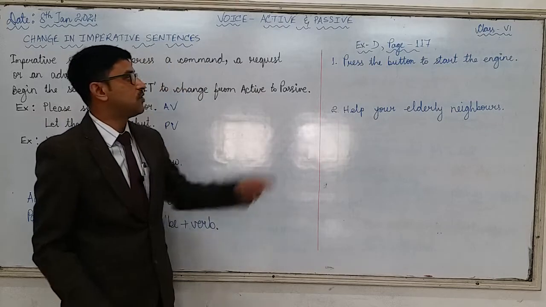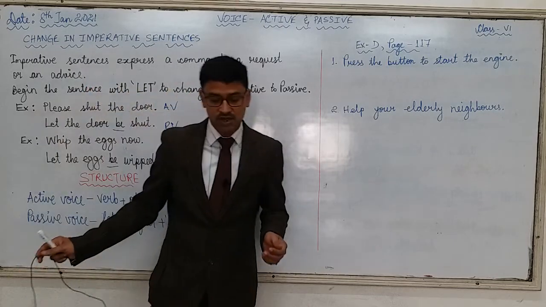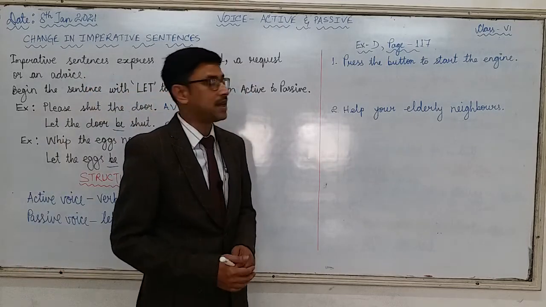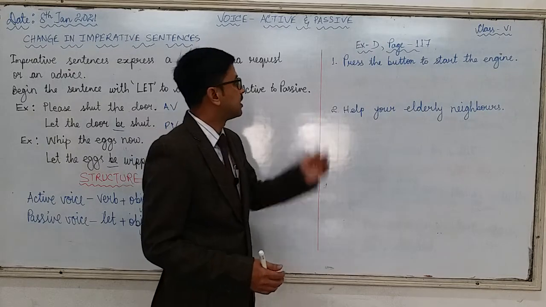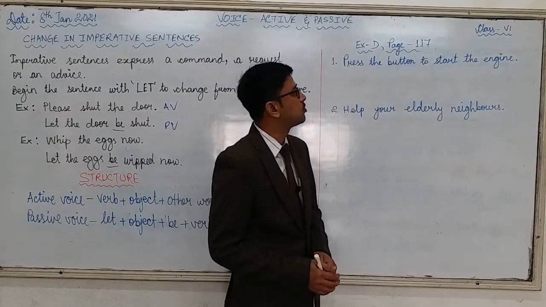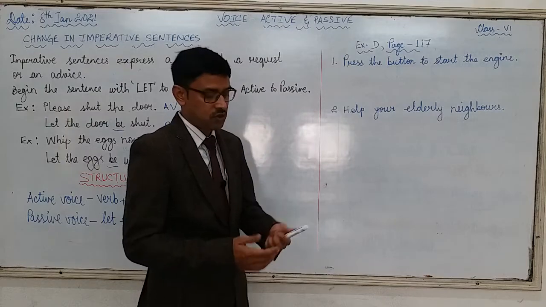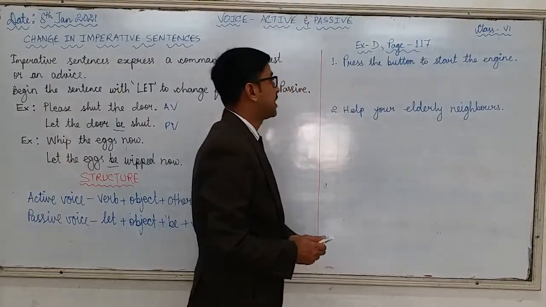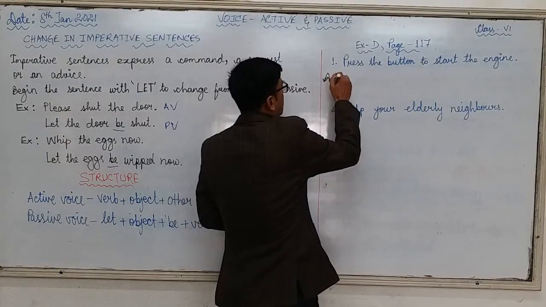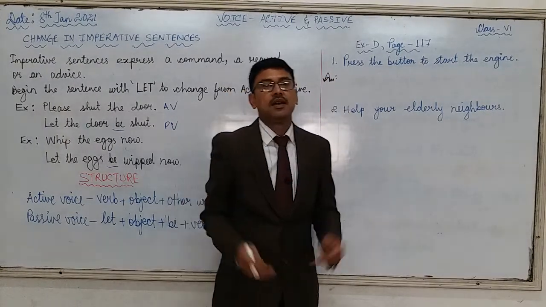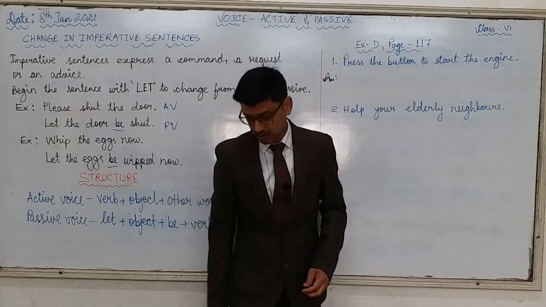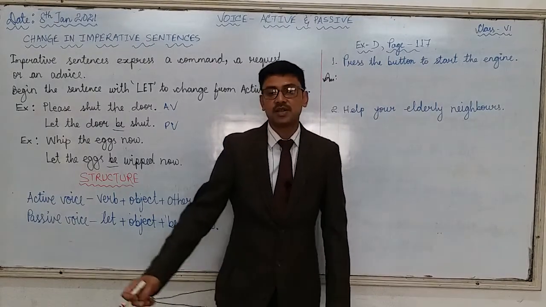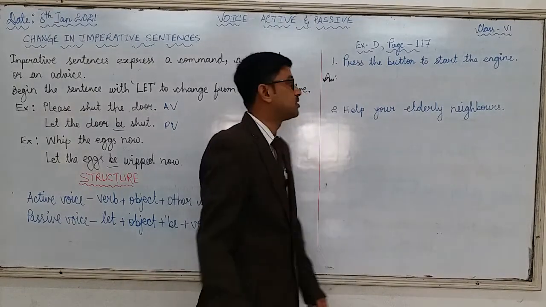I have put up a few sentences for exercise D, which you have to do in your grammar copy. The sentence says: press the button to start the engine. Your answer to this, guess if you can. I am writing the answer, please see here. As I told you, we do not have to see the tenses, the verb remains the same.